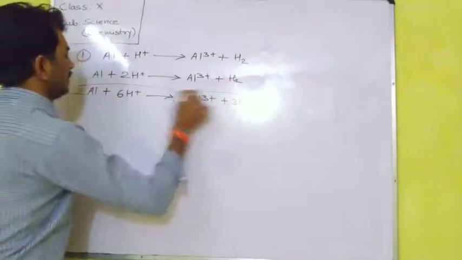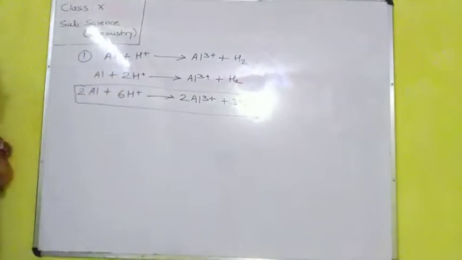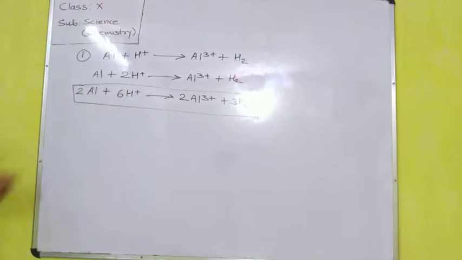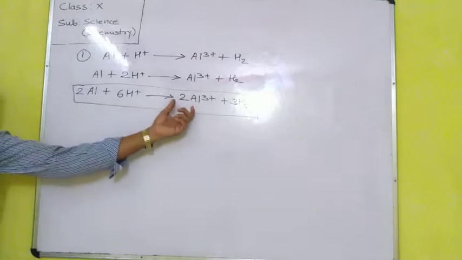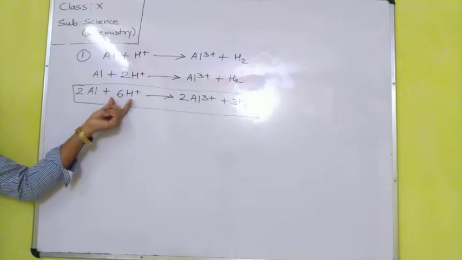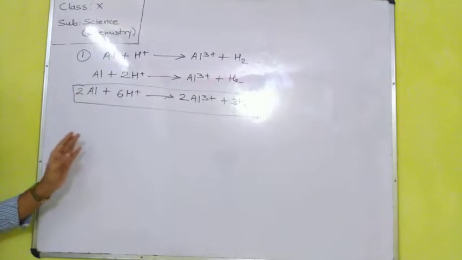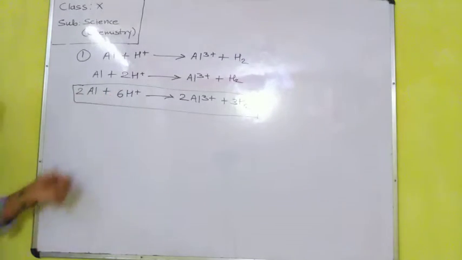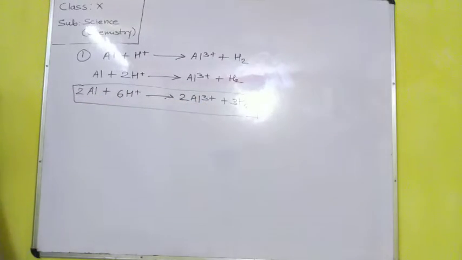Now we check whether all the ions and atoms are balanced. 2 aluminium atoms on the reactant side, 2 aluminium atoms on the product side. 6 hydrogen atoms on the reactant side, 3 times 2, 6 hydrogen atoms on the product side. 6 positive charges on the reactant side, 2 times 3 is 6 positive charges on the product side also.